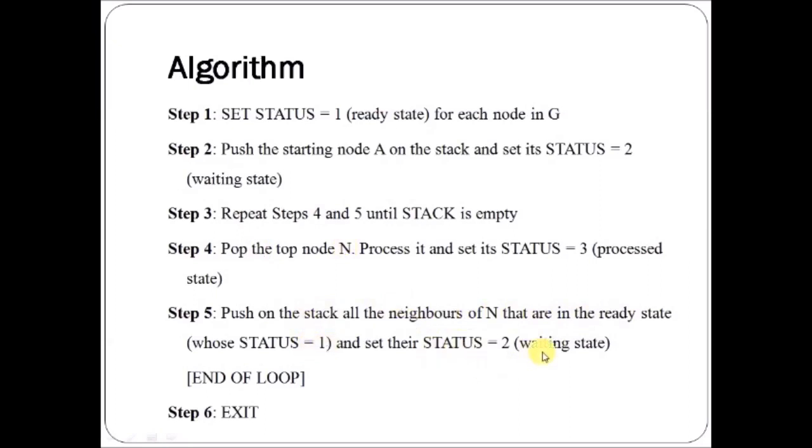Means those nodes are converted from the ready state to the waiting state. You have to apply the same rule again and again until the stack is empty. That's why I have mentioned here, repeat steps 4 and 5, that is remove the top element and push all the neighbor elements onto the stack until the stack is empty, and the last step is exit.